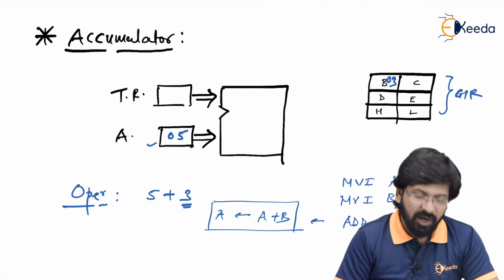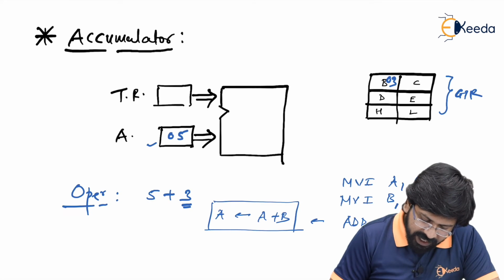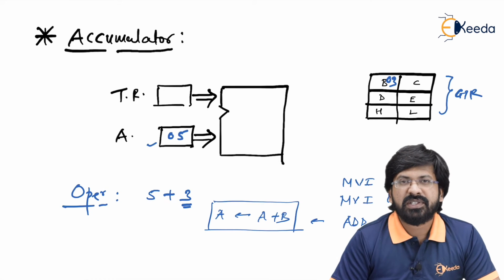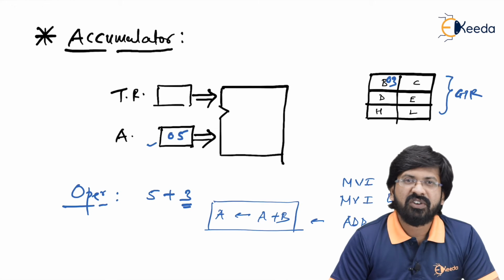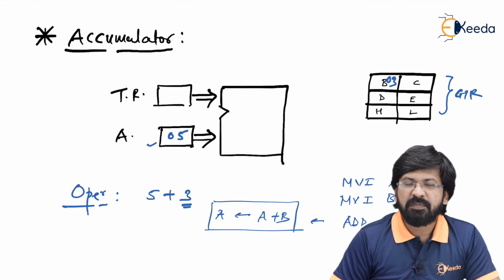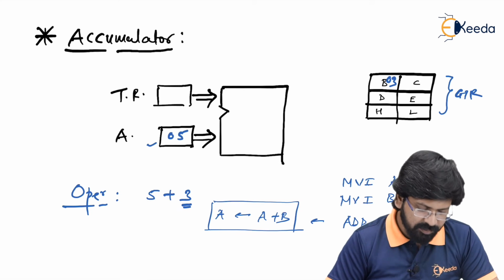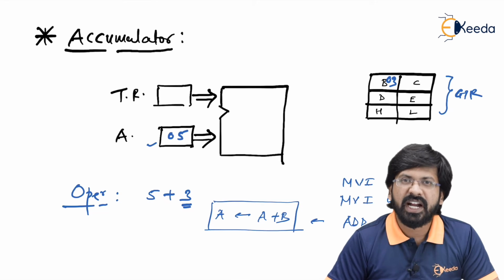So now let's see how it happens in the hardware. The moment the ADD B instruction is written, the microprocessor understands that you want to add content of B with A, out of which the content of A is already available at the input of ALU. What is not available is the content of B, because it is not present in the temporary register. ALU cannot perform the addition.